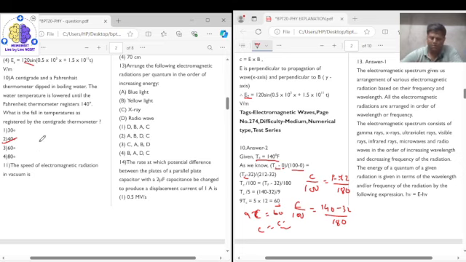Yes, see, the formula which we are using here is C upon 5 is equal to F minus 32 upon 9, right? This is the thing. Now, F is 140 here. So since F is 140, we will write C upon 5 is equal to 140 minus 32 upon 9.